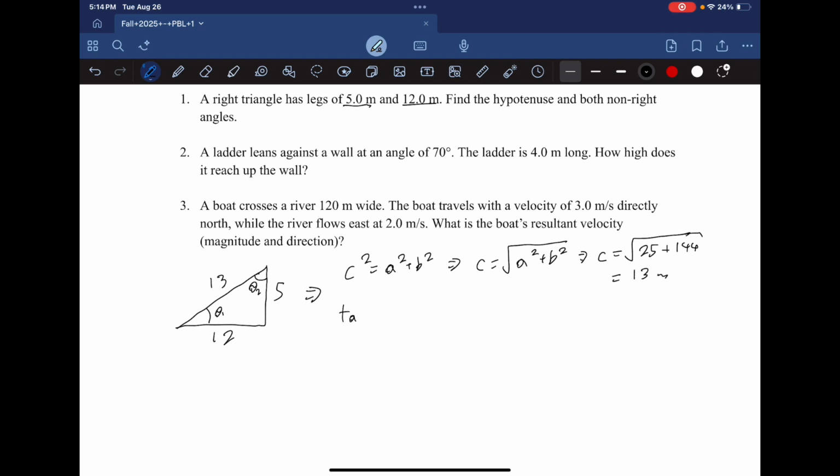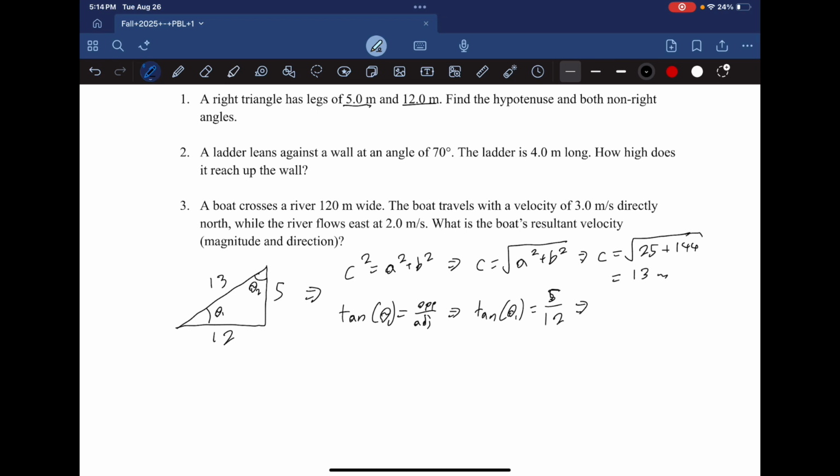So it's important to remember that tangent of theta equals the opposite over the adjacent legs. So in the case of theta 1, we have the opposite leg being 5 and the adjacent leg being 12.